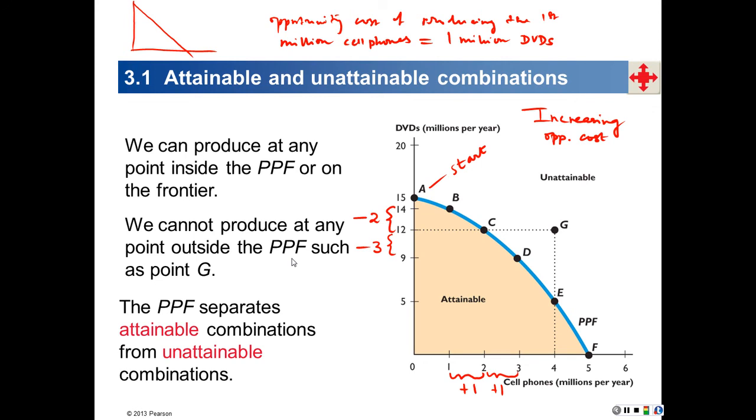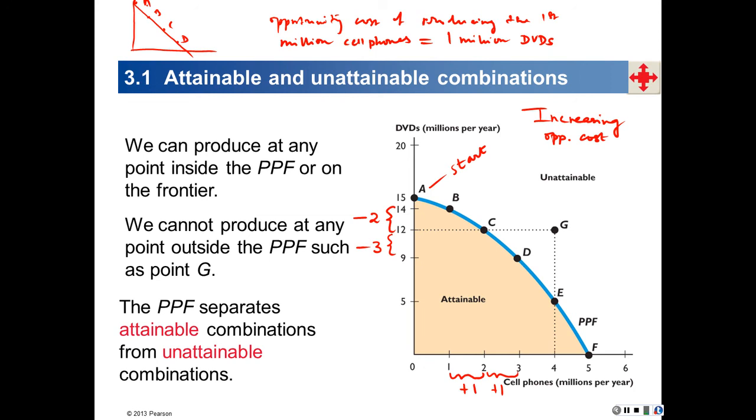Whether you go from here, let's call that point A, to point B, to point C, to point D, you'd always, in each step, be giving up the exact same quantity of DVDs. Is that right? Is that clear to you? So with a straight line PPF, you would have constant opportunity cost.